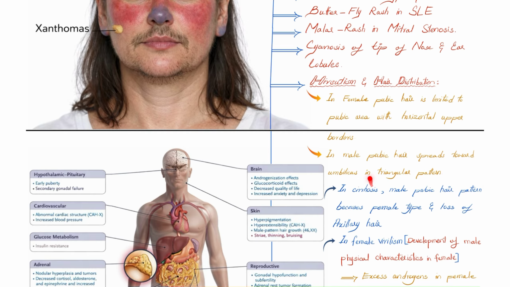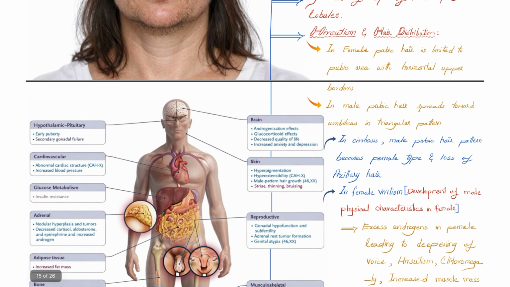Now, in cirrhosis, the male pubic hair pattern becomes female type. It means that the upper border becomes horizontal, and there also will be loss of axillary hair. In female virilism, now the word virilism means development of male physical characteristics in females.